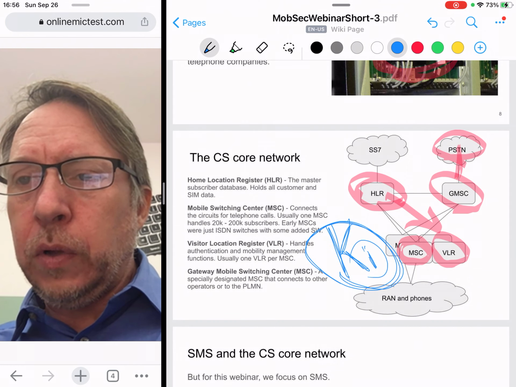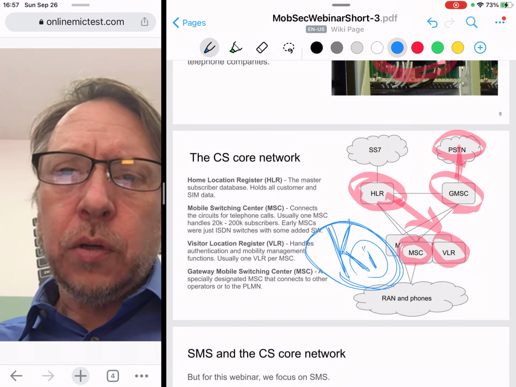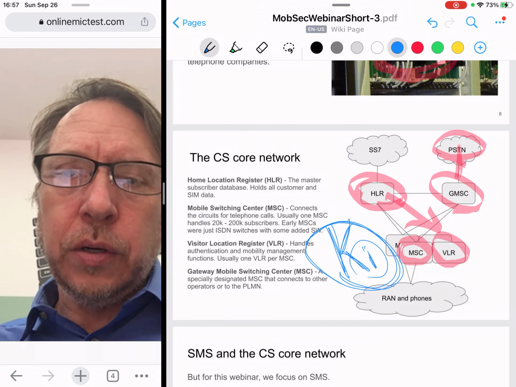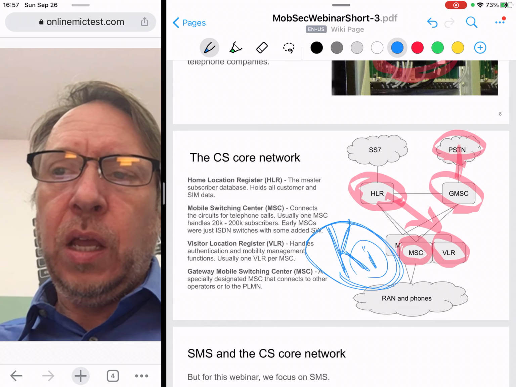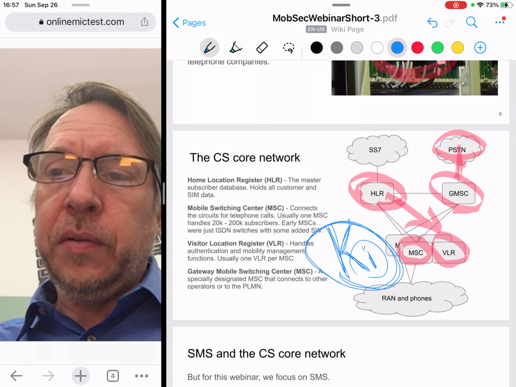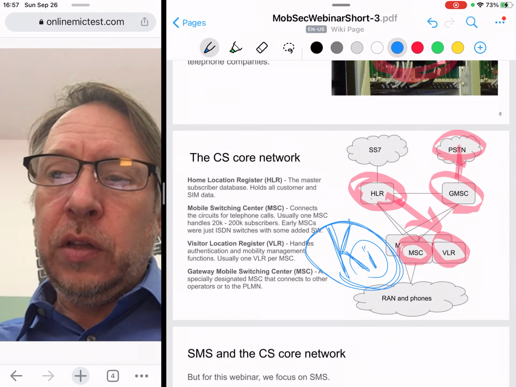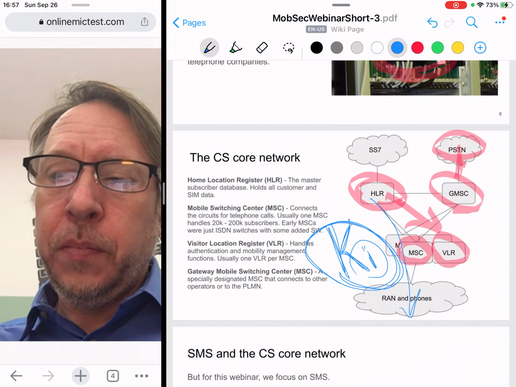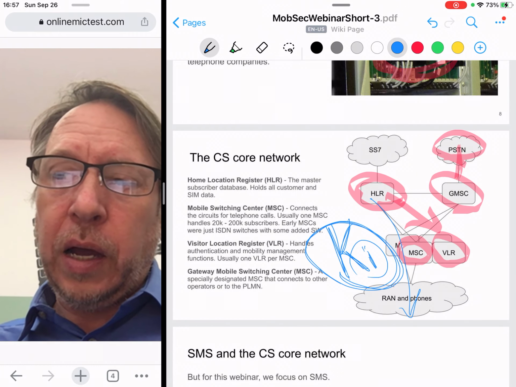So the way this is used for authentication in 2G networks is the HLR will generate a random number and then encrypt that random number with KI and then send the random number to the phone. The phone will then encrypt the random number with its own copy of KI using the same algorithm and send the result back. And if these match, then the phone is authenticated.